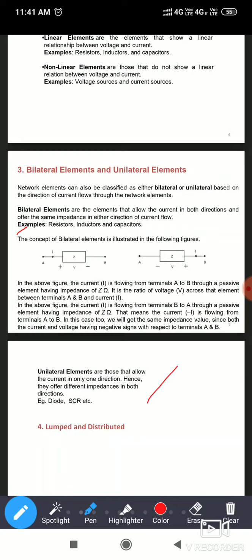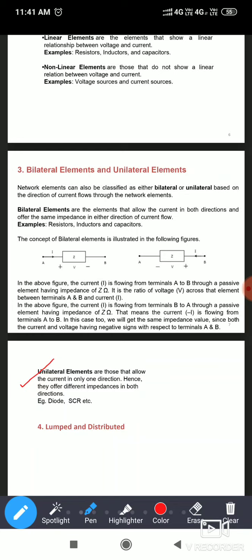Then what are unilateral elements? Diodes, SCR. Suppose you are taking a diode. If the diode is forward biased, how does the current flow? Is current flowing in the reverse direction? No, because the diode becomes reverse biased. So diode and SCR are called unilateral elements. Unilateral elements are those which allow the current only in one direction.